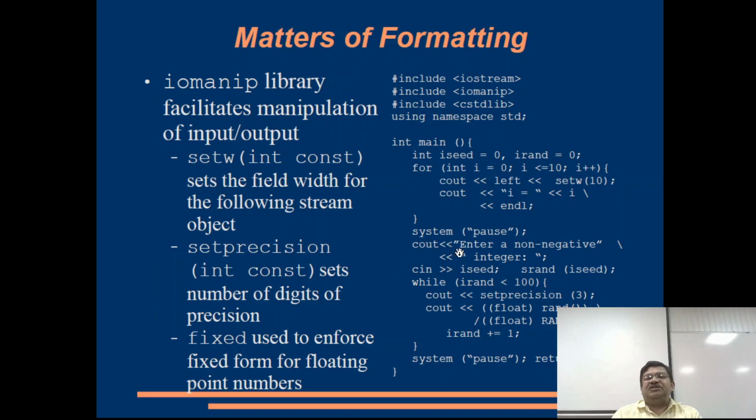So that's the basic play with the format, and random number generation, just to give you an idea how you generate random numbers using computers. So the random number generator is available after the inclusion of cstdlib. So you need to include the C standard library to get access to this random number function rand.